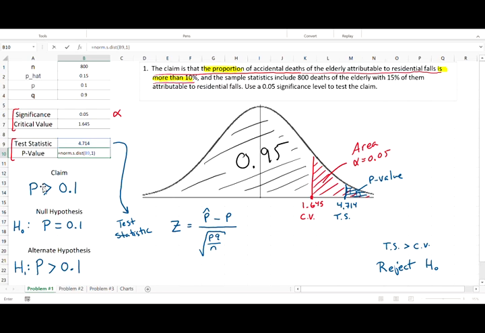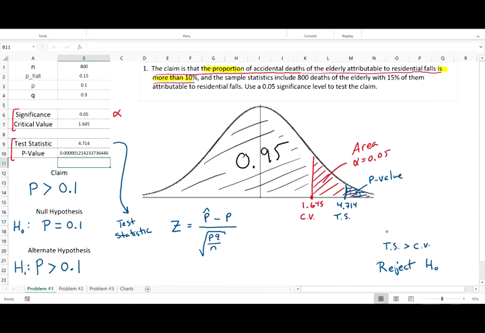Now, this will give us the area to the left of that test statistic. We want the area to the right, so we'll have to throw in a 1 minus in front, so we take the complement of that area. And we get this really small p-value. And so that's the p-value method.